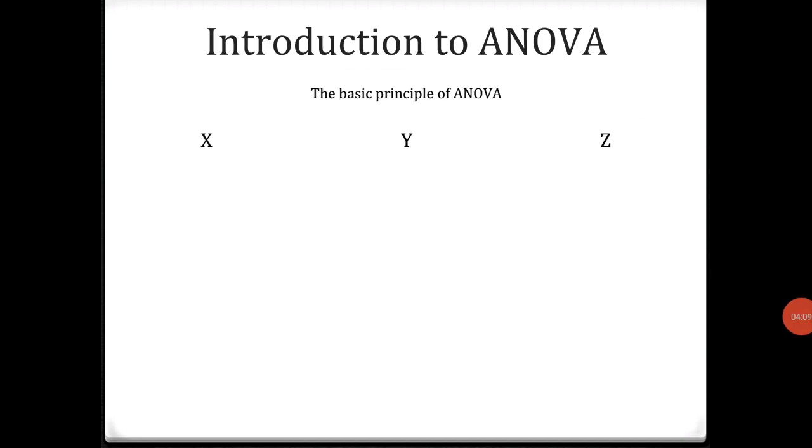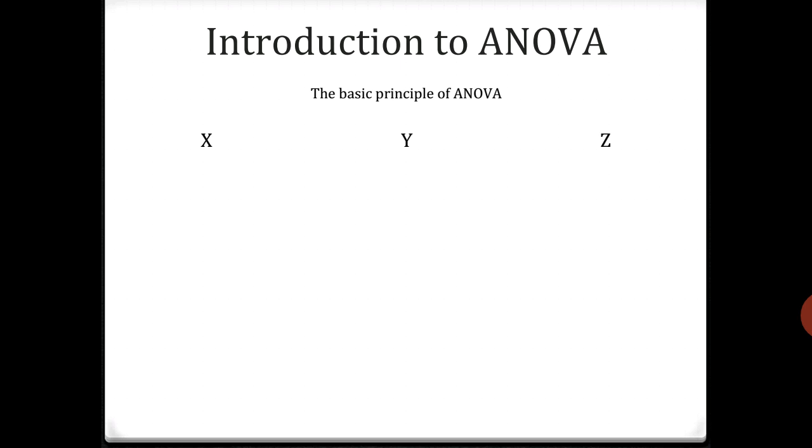Next, now we will start with the actual analysis of variance technique. The basic principle of ANOVA says that when there are three population means, let x, y, z be the population means available.